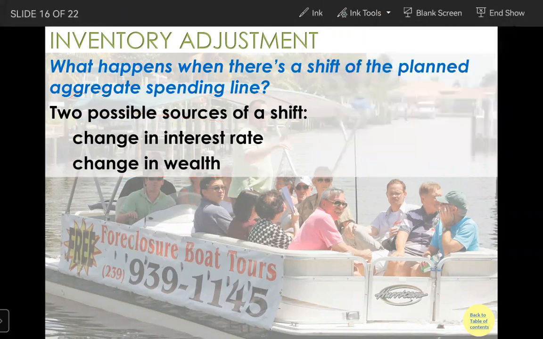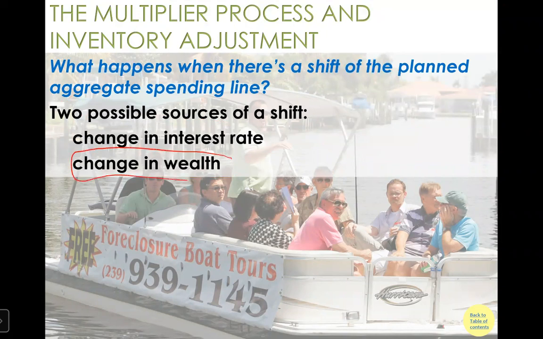Now the other factor is change in wealth. What is changing wealth? Like this background picture shows, in 2007, 2008 the housing market collapsed, so most people lost their wealth. If there's a loss in your wealth, either through the housing market or through the stock market, how would that affect your consumption? Usually your consumption will increase if you become wealthier.